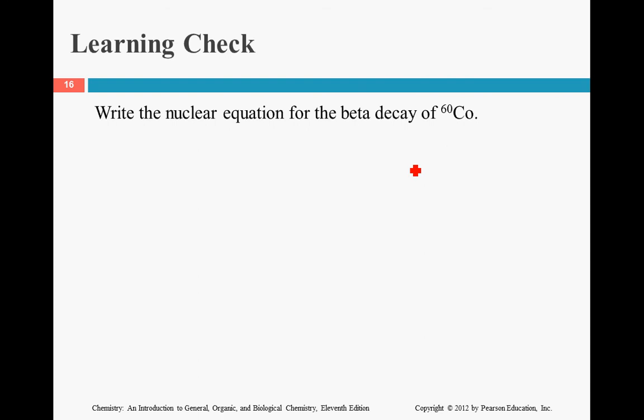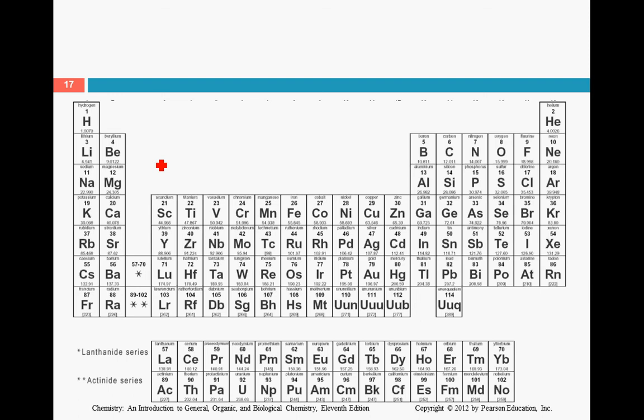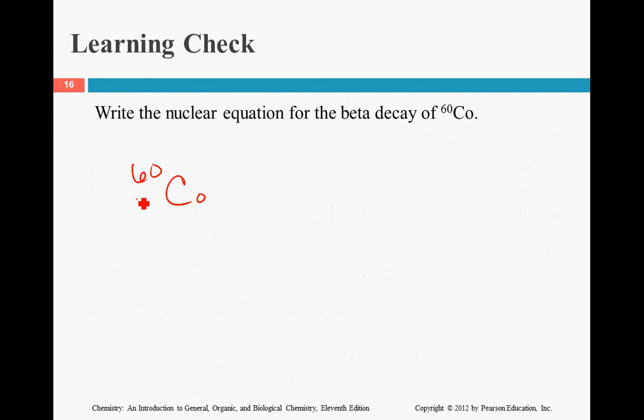Another one, beta decay. Co-60. Looking on the periodic table, Co is right here. It's number 27. Beta decay means it's on the right hand side, and beta is this symbol. 60 is equal to 0 plus x, which means x would still have to be 60.